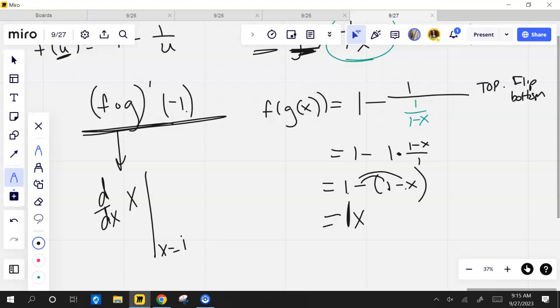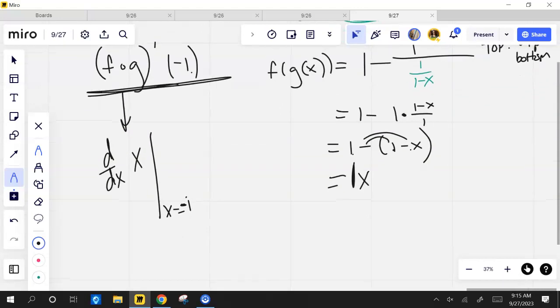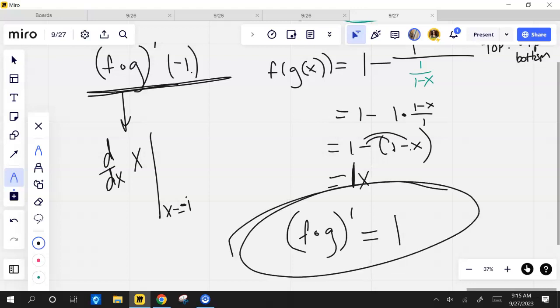Yes, you plug in. There's nothing to plug in. Oh, here's -1. I see what you're saying. But there's nothing to plug into, right? Because the derivative f of g of x prime is 1. So it doesn't matter what I plug in for x. The derivative is always 1. It's a constant derivative because the function itself is linear.